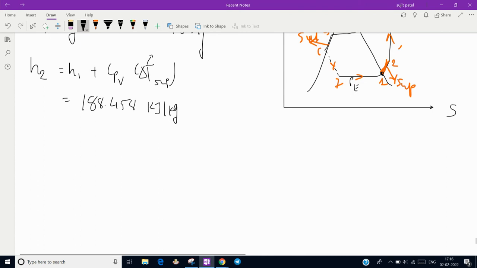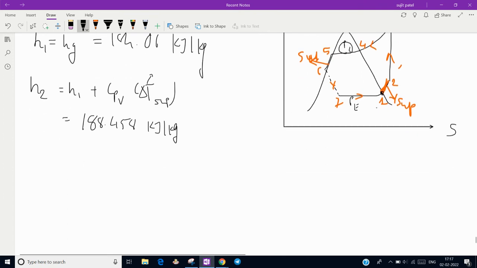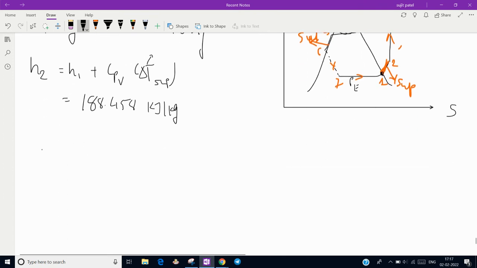Now at point 3, the point is not at the condenser pressure and condenser saturation temperature. It is quite high in the superheated region, but we know that 2 to 3 is isentropic compression in the ideal case. So first we have to find the entropy at point 2. Entropy at point 2 is given by entropy at point 1 plus Cp of vapor ln T2 by T1.